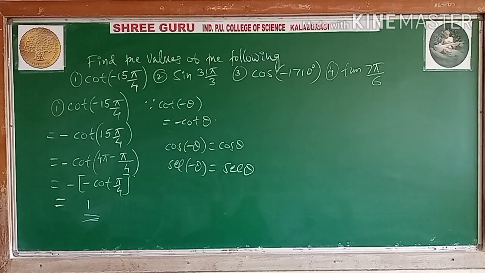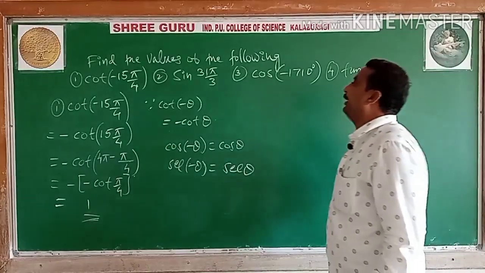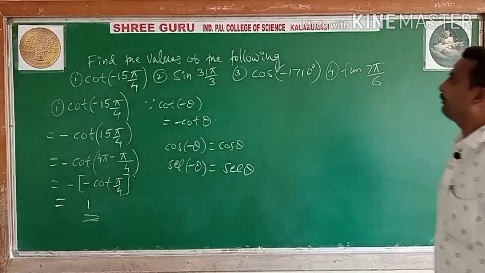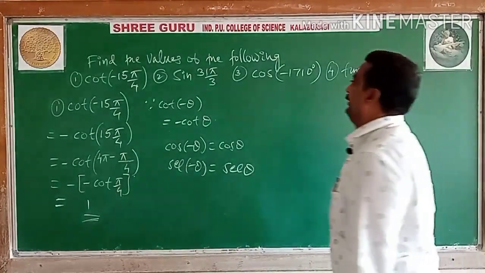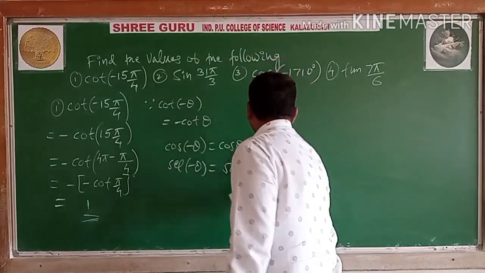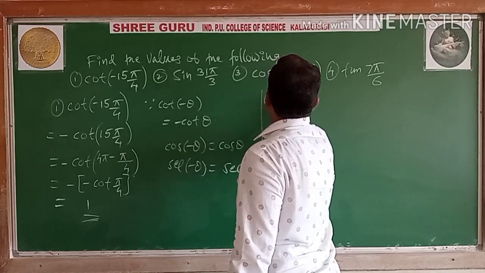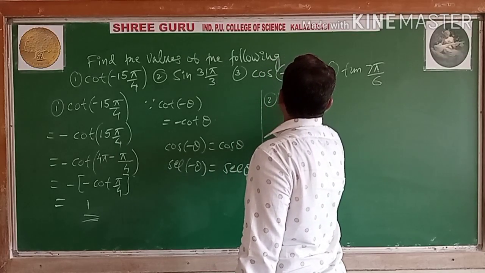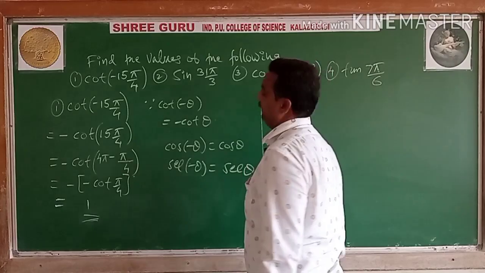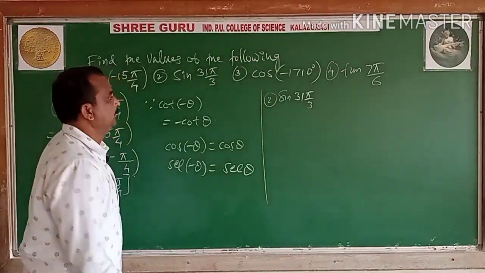Come to the second one here. Sine of 13 pi by 3. Let us see how to take this. Find the value of sine of 13 pi by 3.